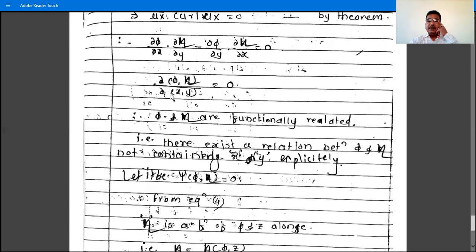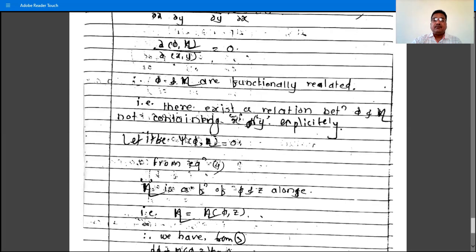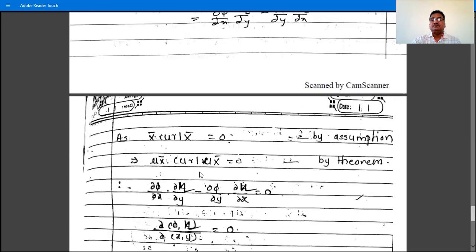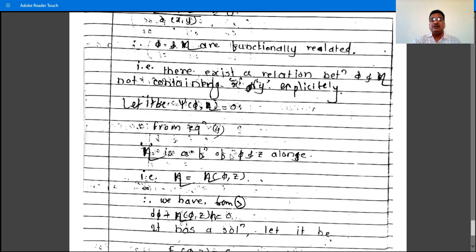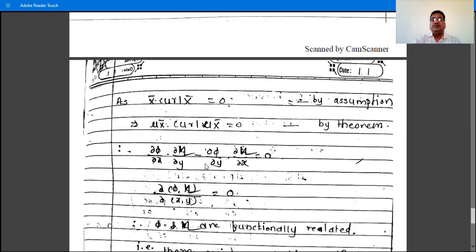So as the Jacobian is 0, φ and ν are functionally related, and we write the relation as ψ(φ, ν) = 0. And so from equation number 4, we have ν is a function of φ and z alone.